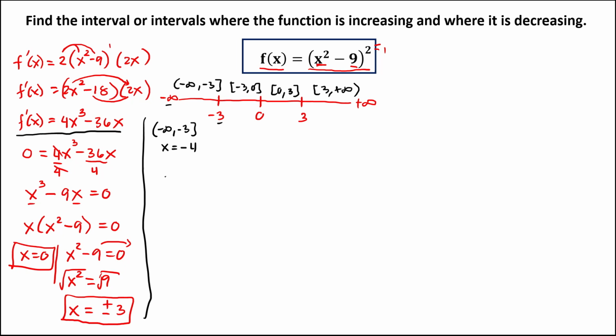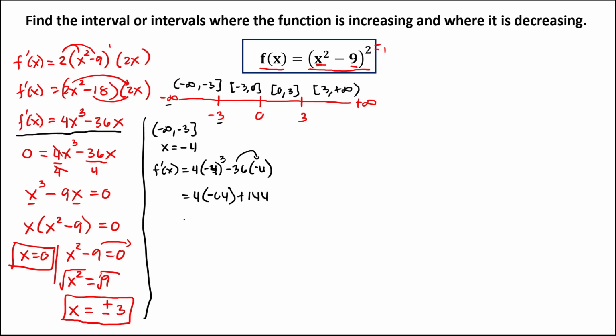Then from this first derivative, we have f prime of x equals 4 times negative 4 to the power 3 minus 36 times negative 4. 4 times negative 4 to the power 3, this is negative 64, then negative 36 times negative 4 is positive 144.